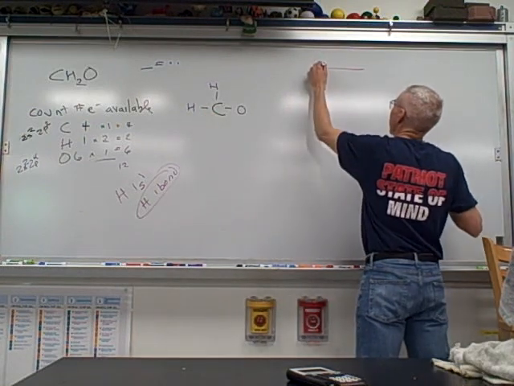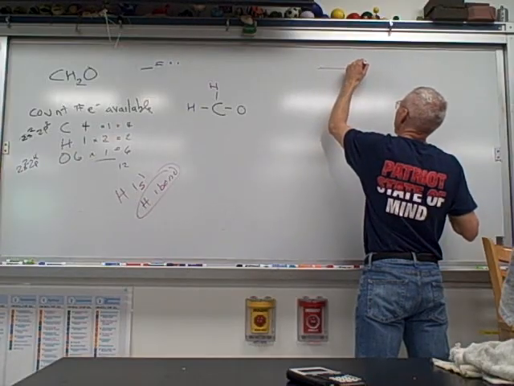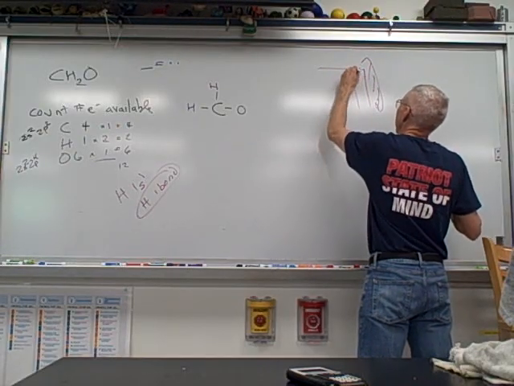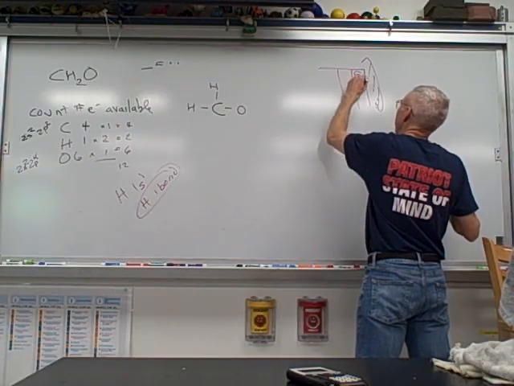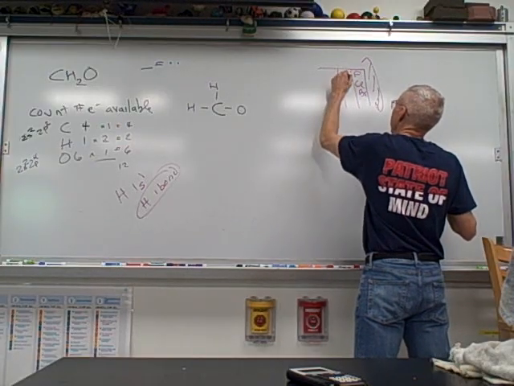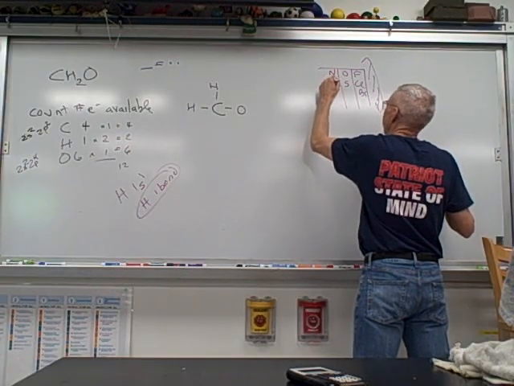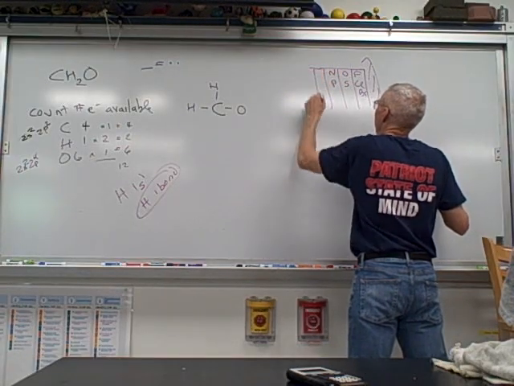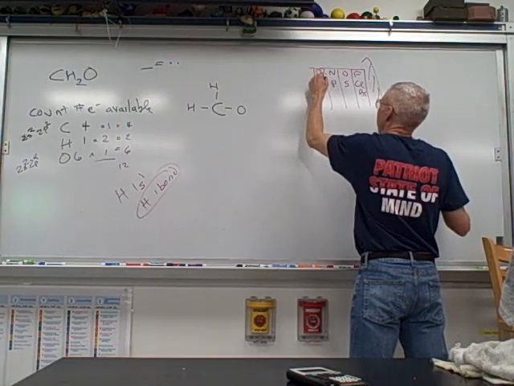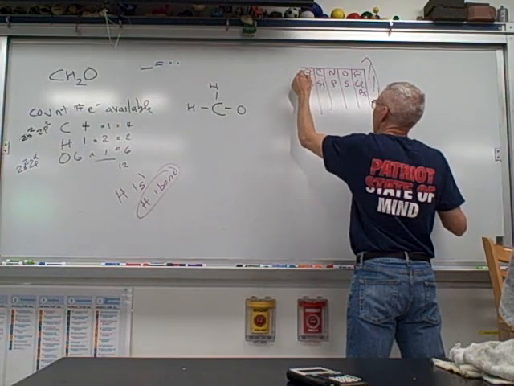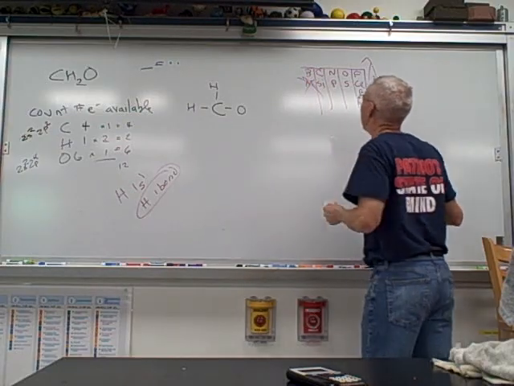Now, if we look over here in this corner, we're just going to ignore the noble gases. There's fluorine, chlorine, bromine, we got oxygen, sulfur, and so on. We got nitrogen, phosphorus, and so on. We got carbon and silicon, and boron and aluminum. We're not going to worry about aluminum because it's a metal.